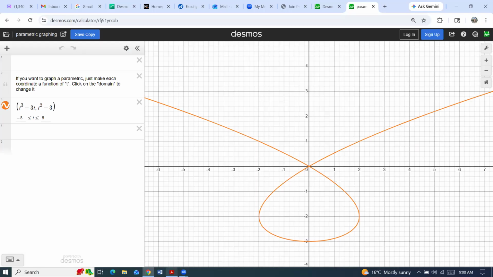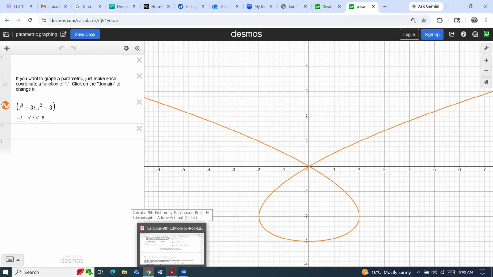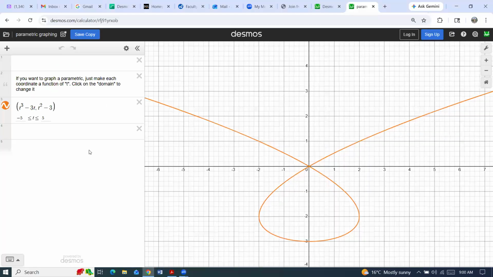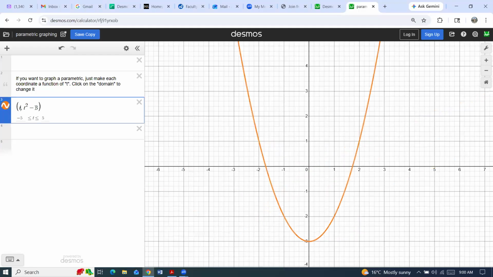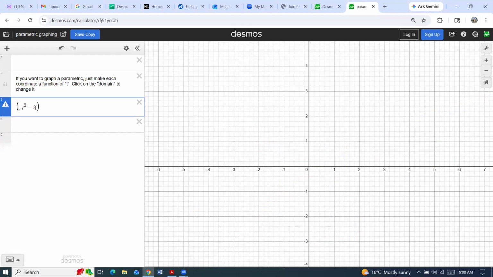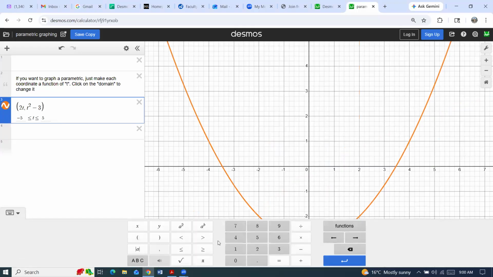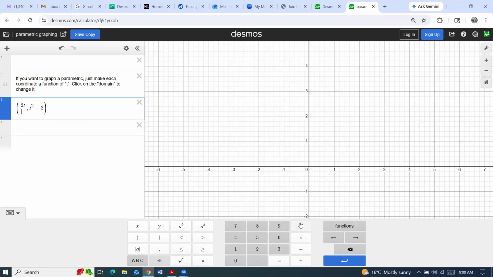So if I try it, one here, first is 2t over 1 plus t cubed. I just enter 2t divided by 1 plus t cubed.